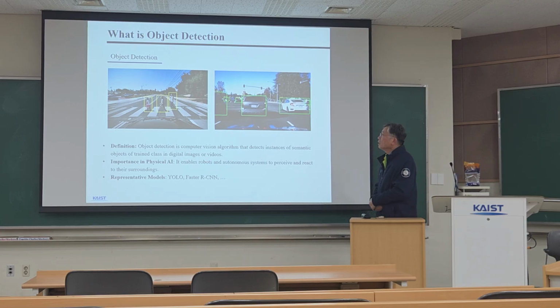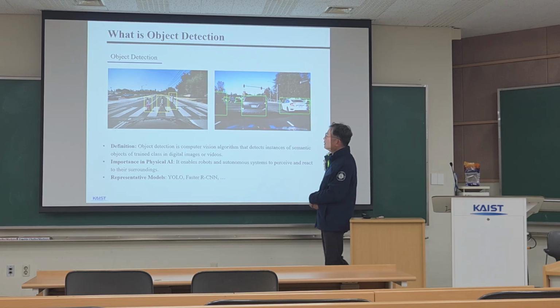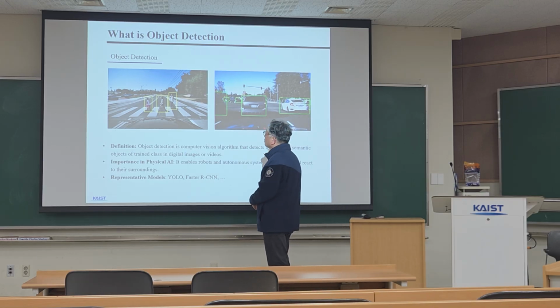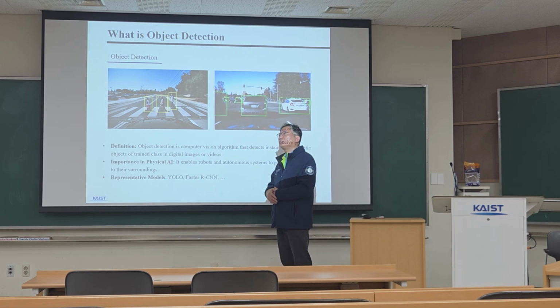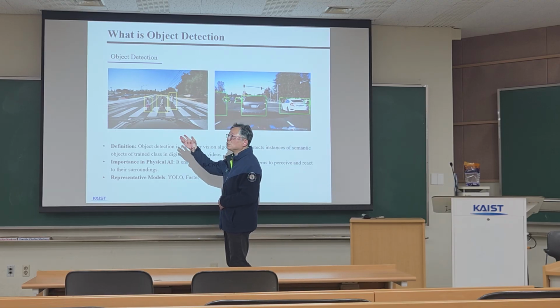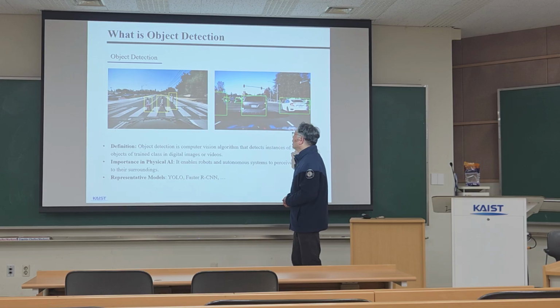Okay. So object detection is you want to detect instances of objects trained prior to its use. So here we see 3 pedestrians crossing the street. On the right hand side, we see also cars.